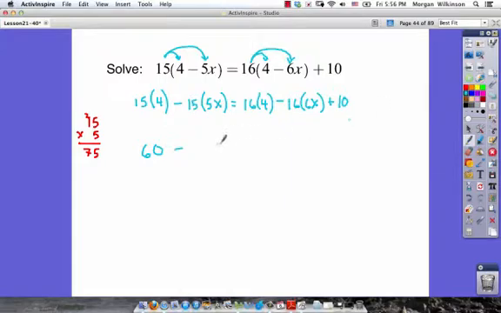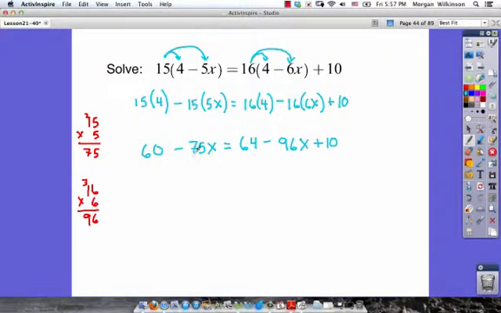So we've got 60 minus 75x, because it was 15 times 5x, is equal to 16 times 4 is 64, minus 16 times 6. 16 times 6, let's look at that as well. 6 times 6 is 36. We'll carry our 3. 6 times 1 is 6, plus 3 more is 9. We get 96. So minus 96x plus 10.